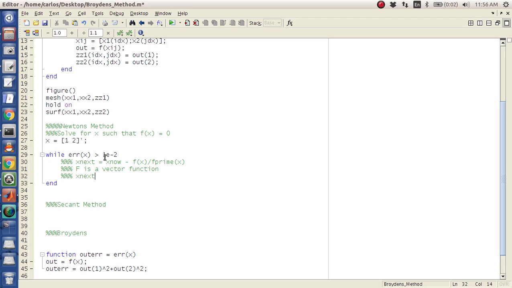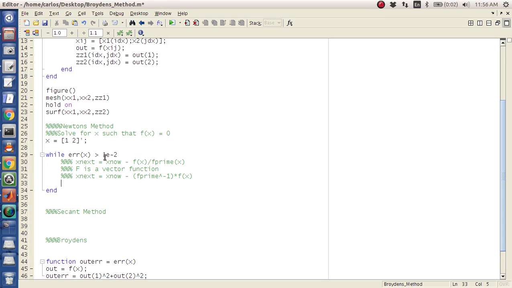So we have to do x next equals x now minus f prime to the minus 1 times f of x. Now f prime is a 2 by 2. Since f of x is a 2 by 1, the derivative is a 2 by 2. So this is actually called the Jacobian.